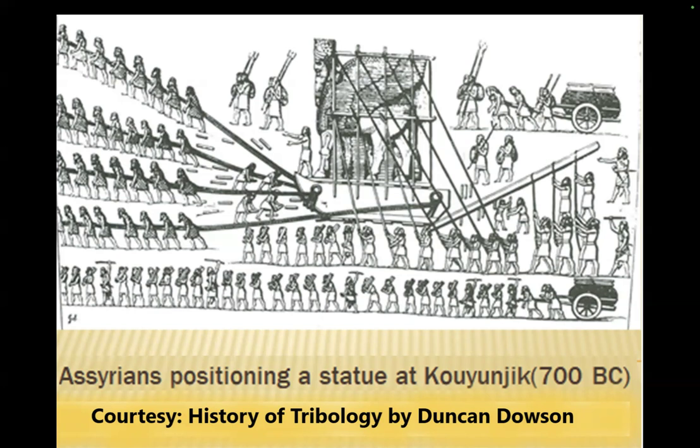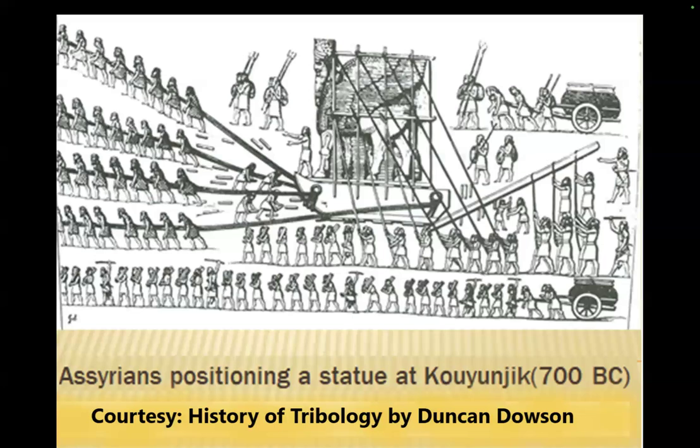We can see that a series of rows of people are pulling it with ropes tied to the statue in different directions and trying to put it erect as well as slide it. But at the same time, if you look at it carefully, you can see some small logs lying here and there all over the picture.